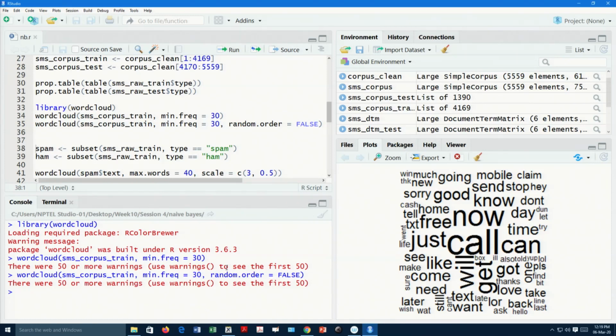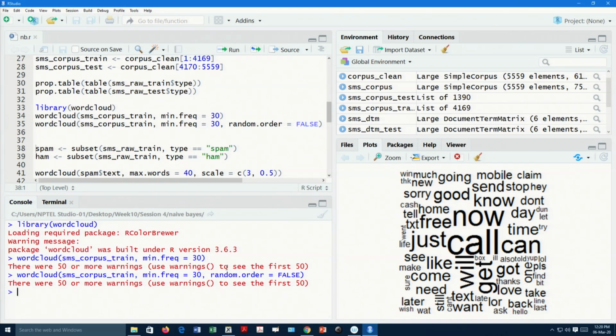So, by that logic, exploratorily or visually, if I see that the words which are common in spam and the words which are common in ham are different, in other words, if the prominent words in the word cloud of spam messages and the word cloud of all the ham messages are different, then only can I say that words are an important variable to predict whether it is spam or ham.